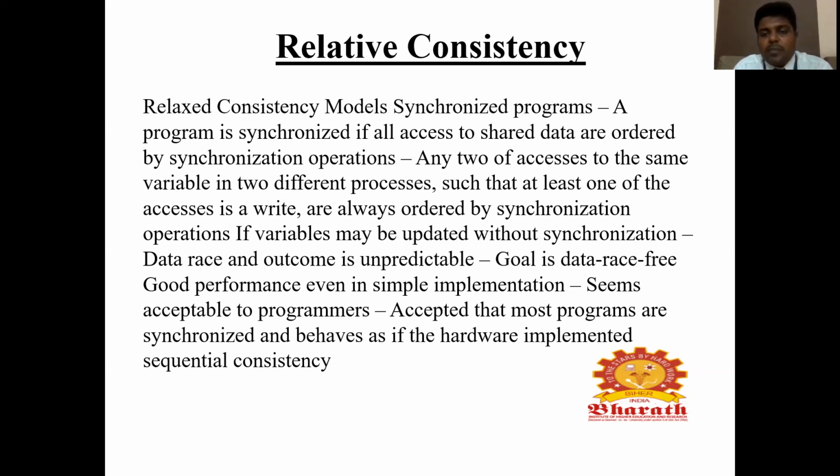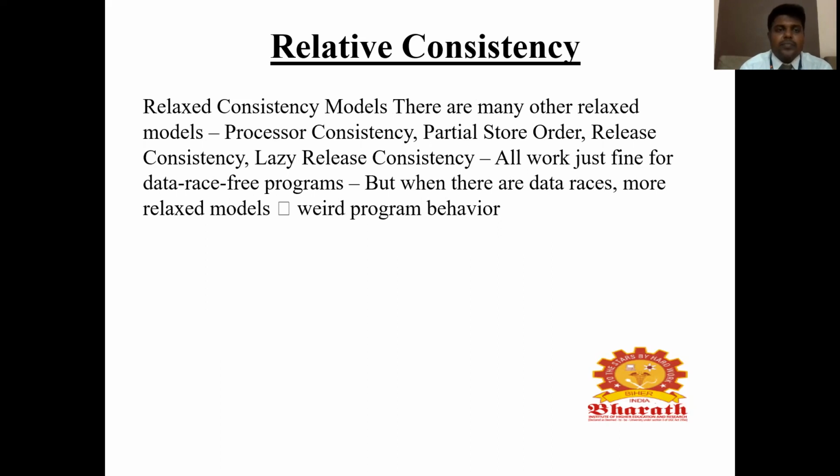If variables may be updated without synchronization, then there is a data race and the outcome is unpredictable. The goal is data race freedom, with good performance even in a simple implementation. This seems acceptable to programmers, since most programs are synchronized and behave as if the hardware implemented sequential consistency.